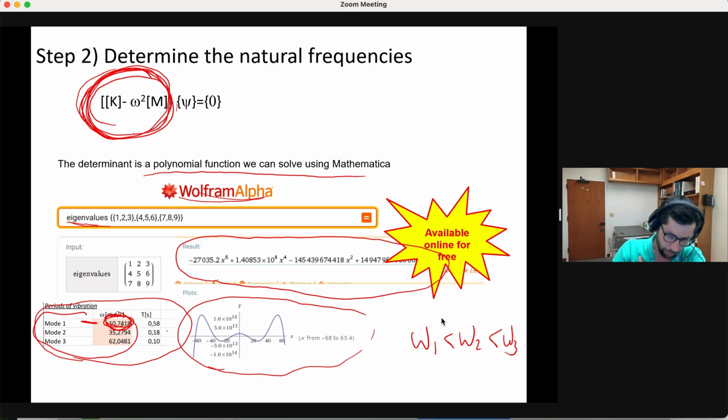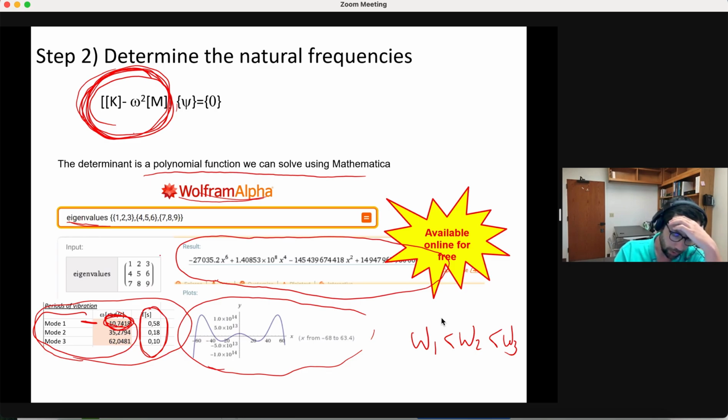And of course, you could be computing as well the corresponding periods of vibration. In this case, the period of mode 1 will be the largest. It's 0.58. The period of mode 2 is 0.18. The period of mode 3 is 0.10. Now, you have the eigenvalues of the problem.